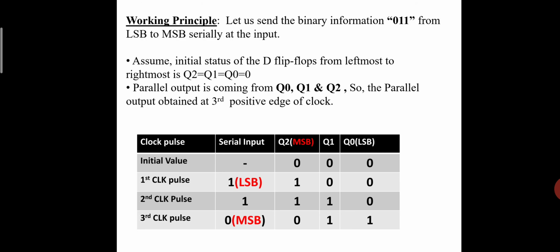In the next clock pulse, I will apply the second bit to the serial input, so it will reflect in Q2, but the previous output of Q2 will be displayed in Q1. And in the third clock pulse, you will get the MSB in Q2, that is 0 1 1 you will get in the third clock pulse. So by the application of 3 clock pulses, you will get the parallel outputs.